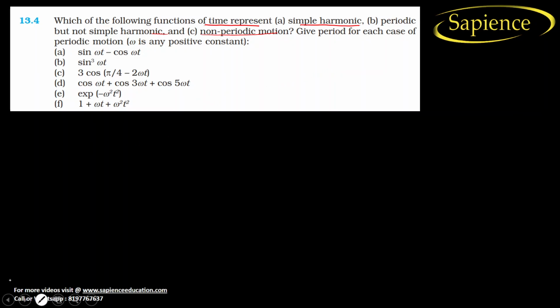So let us solve question A. Question A is sine omega t minus cos omega t. Is it periodic or not periodic?